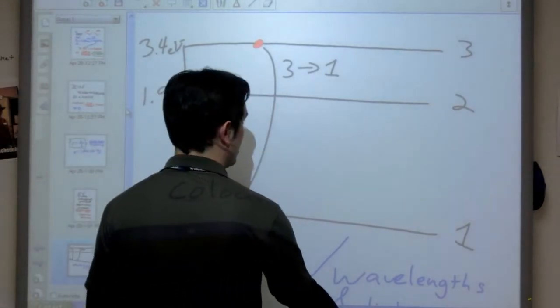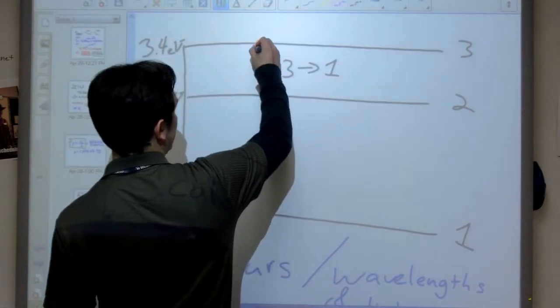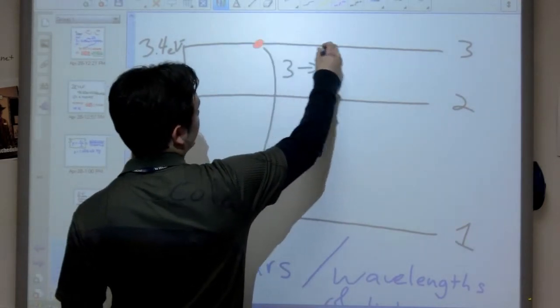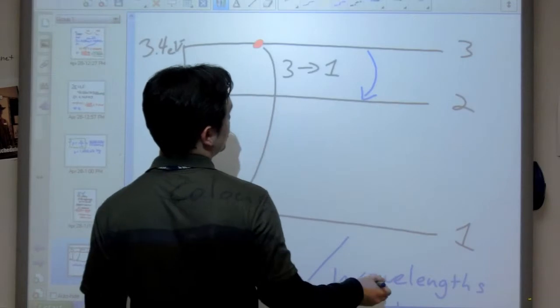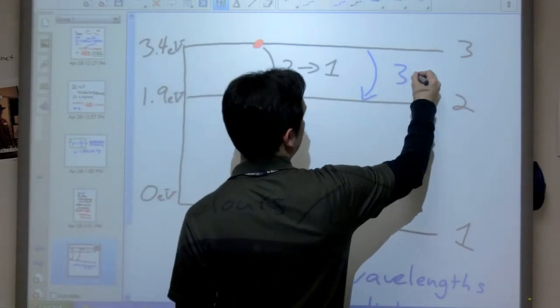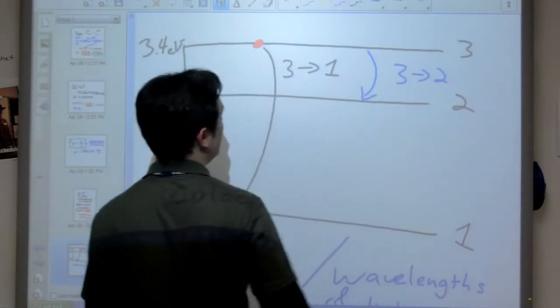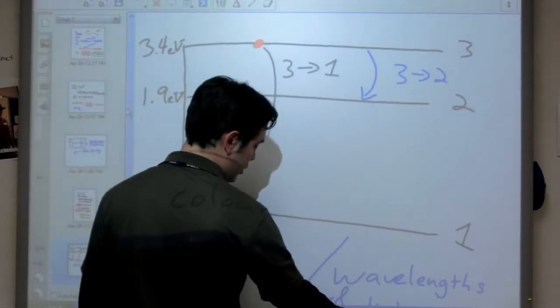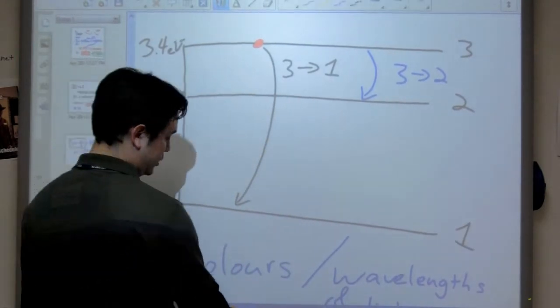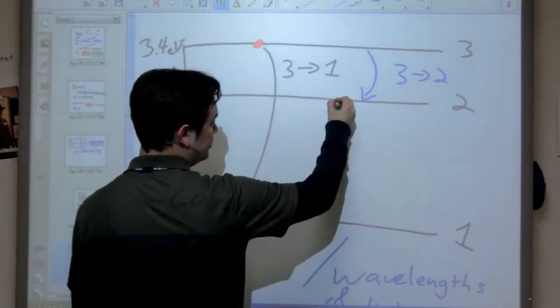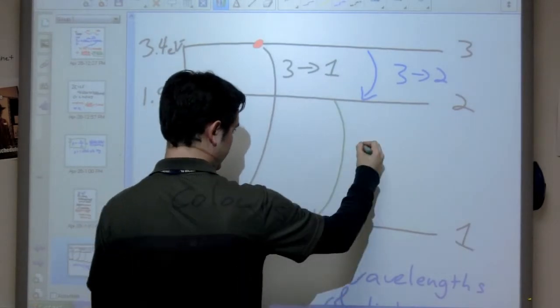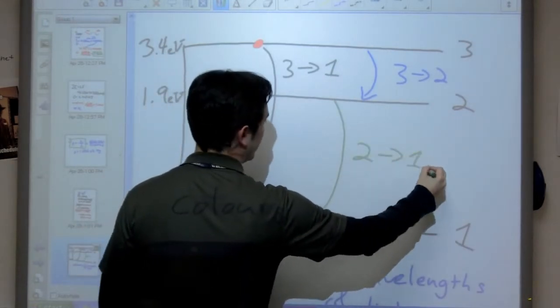Okay, so one of the other ones that we could have is we could instead have our electron fall from 3 down to 2. So 3 to 2, and then if it makes its way to 2, I can have it go from 2 down to 1.